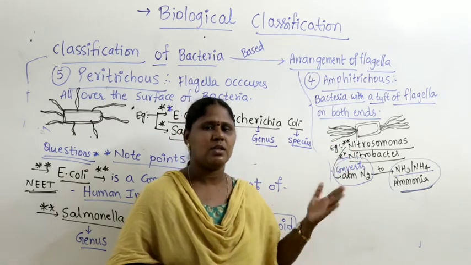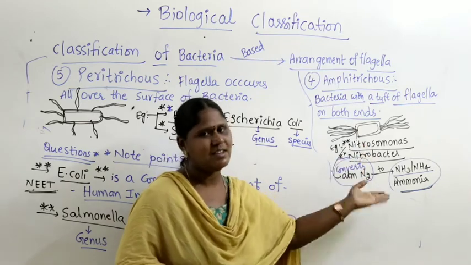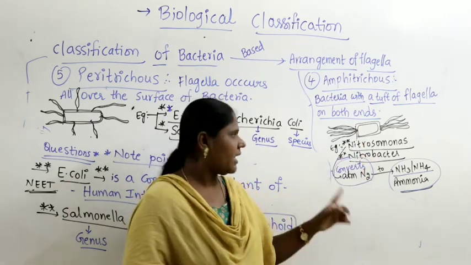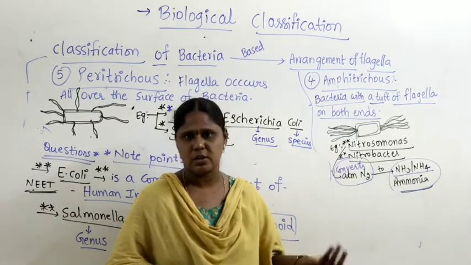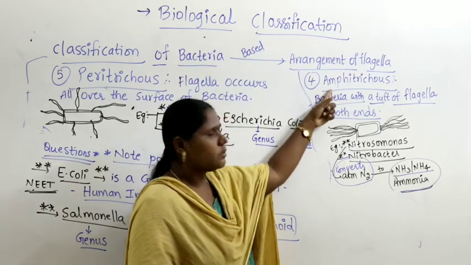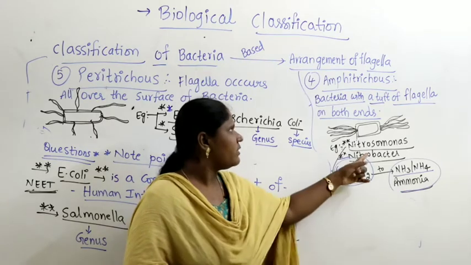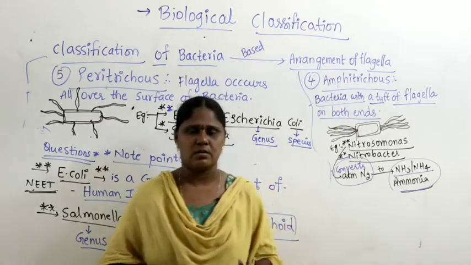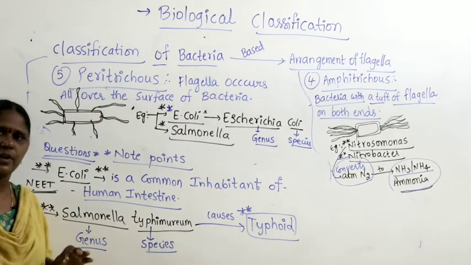The type of flagella is a first year concept. How they play a vital role in the nitrogen cycle is a second year concept. So when I ask you in second year, by that time you should remember today's first year concept. You have to tell me, yes, they are examples of amphitrichous. If you remember each and every point to that extent, that's awesome preparation for the final NEET.